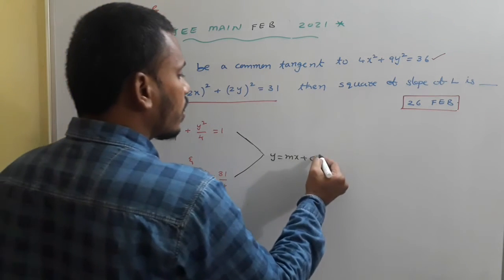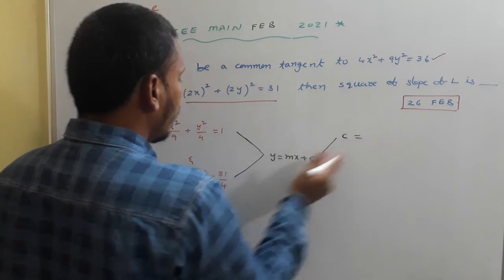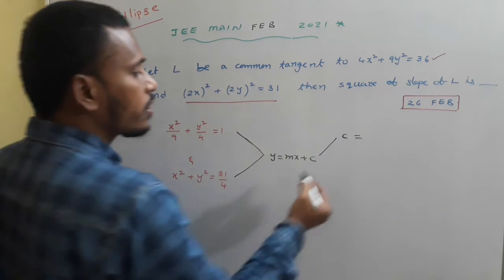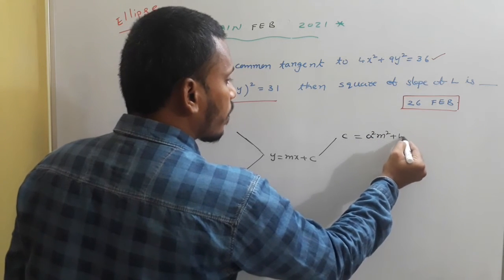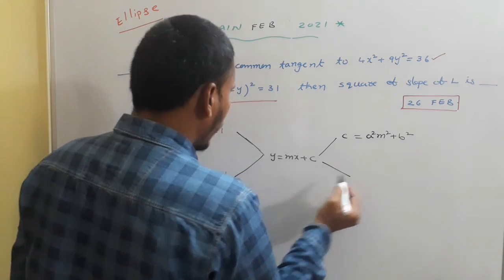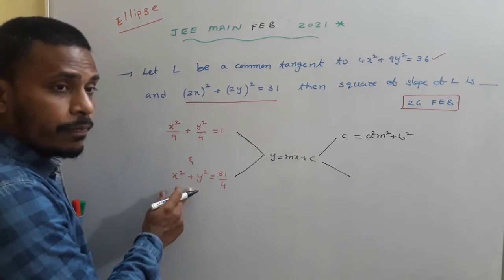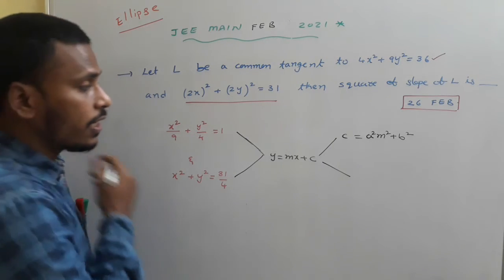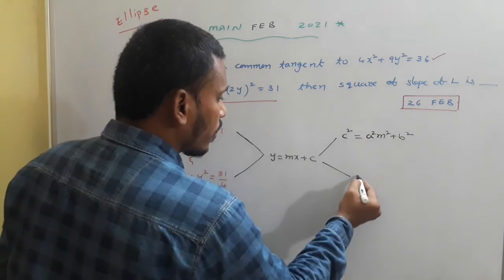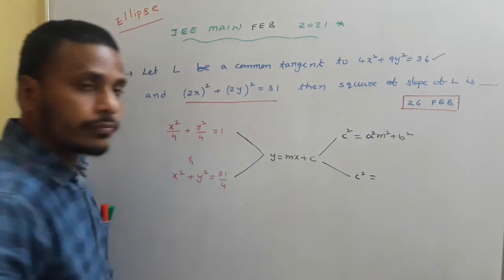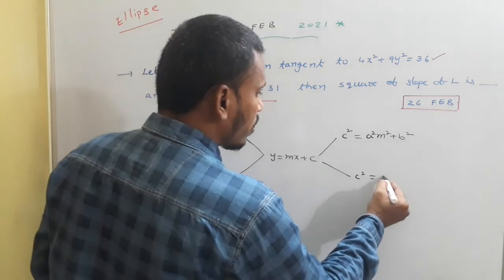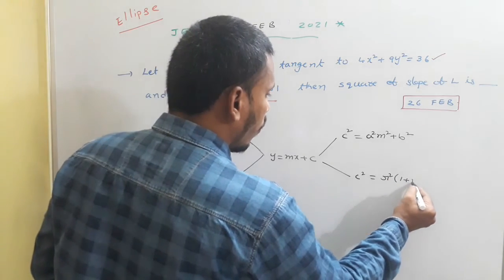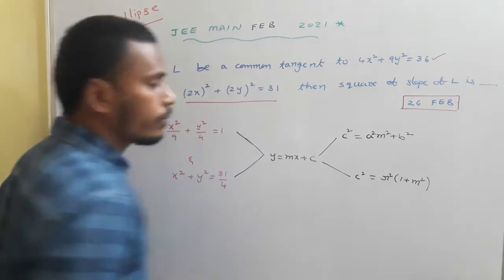So as a tangent condition, if y is equals to mx plus c is a tangent for the ellipse, its condition is c square is equals to a square m square plus b square. Whereas for a circle, what is the common tangent condition? c square is equals to r square of 1 plus m square, since a and b both are equal to r, right?